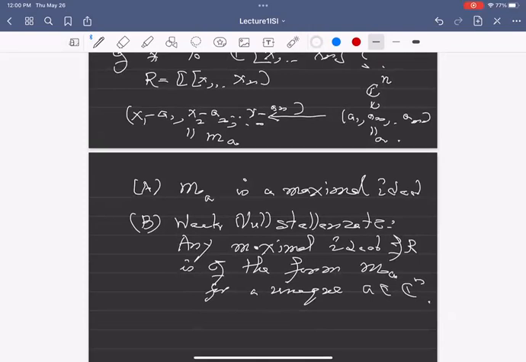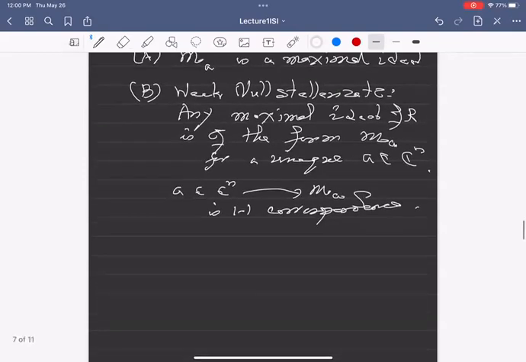The maximal ideals in the polynomial ring in n variables are exactly the ideals generated by these n linear polynomials, x1 minus a1, x2 minus a2, xn minus an, where A is a given point in Cn. And this is a one-to-one correspondence: A in Cn mapping to the maximal ideal MA is a one-to-one correspondence.